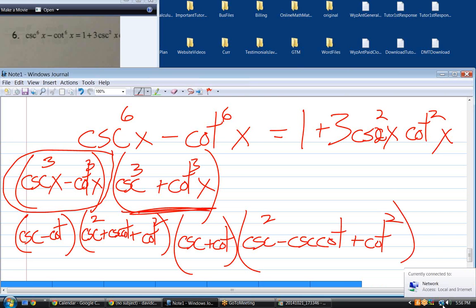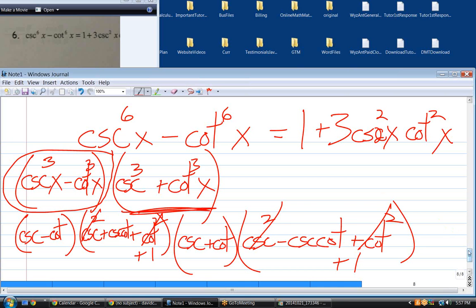What is cosecant squared plus cotangent squared equal to? 1. Okay, so I can cross that out and put a plus 1, and I can cross that out and put a plus 1.